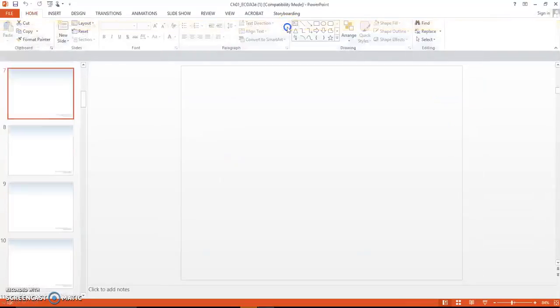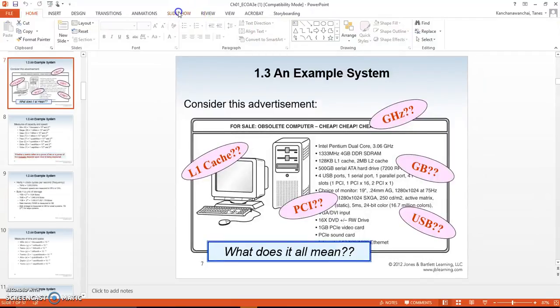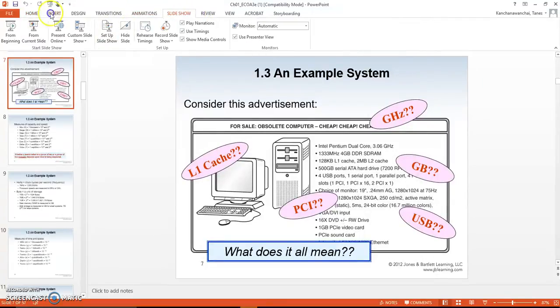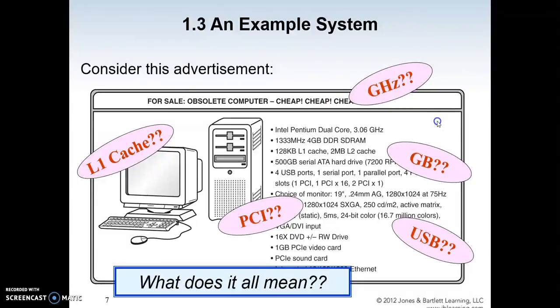Now let's take a look at this. So we just learned what the CPU is. Intel Pentium Dual Core, that is the CPU. And this is the speed, right? 3.06 gigahertz.